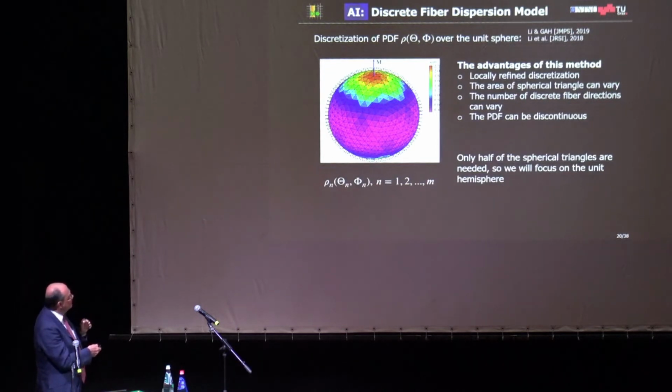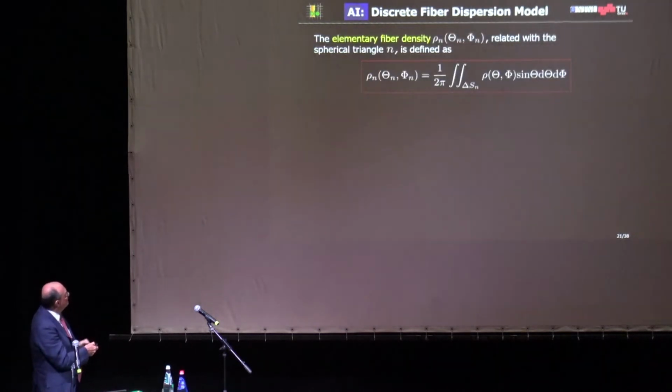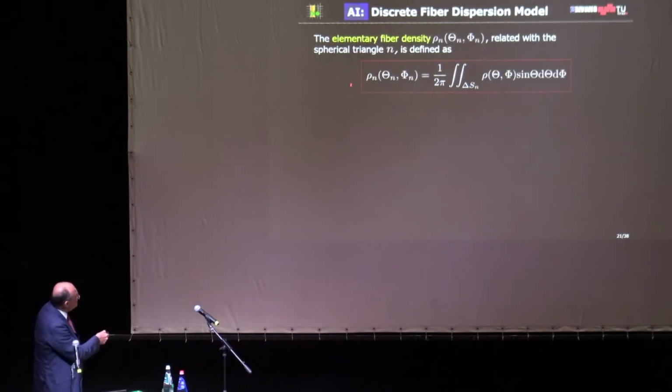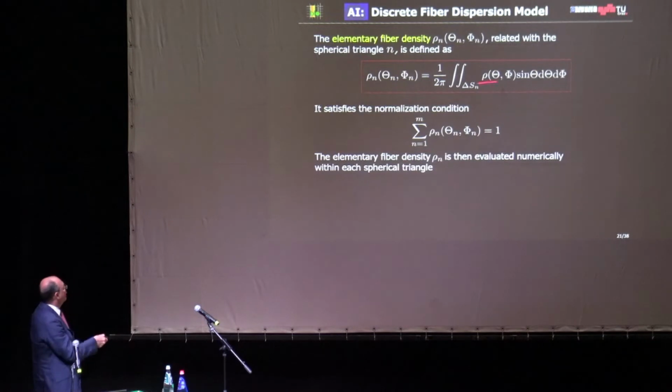Because of symmetry, we just use here 1/2. So we have now the elementary fiber density here, rho n, which is the double integral of rho times sine theta. We have also the normalization condition, and the elementary fiber density is then evaluated numerically within each spherical triangle.